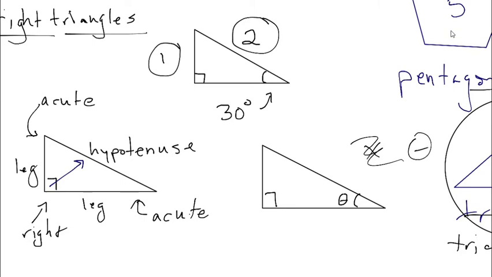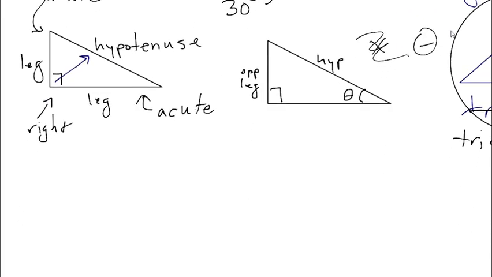And I'm going to tell you that the opposite leg, I'll call it op leg, divided by the hypotenuse is one ratio, op over hyp.